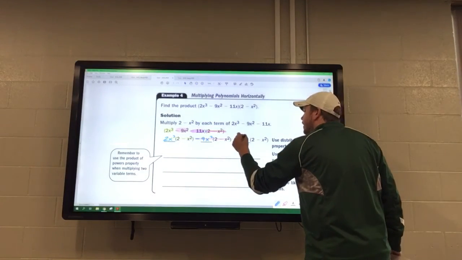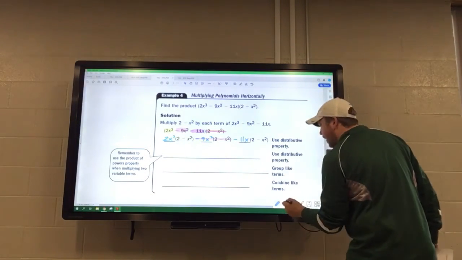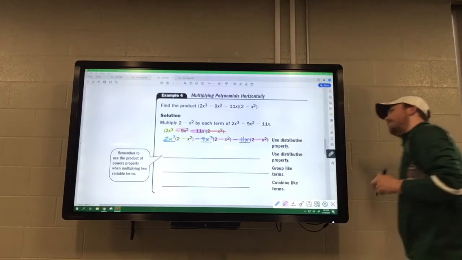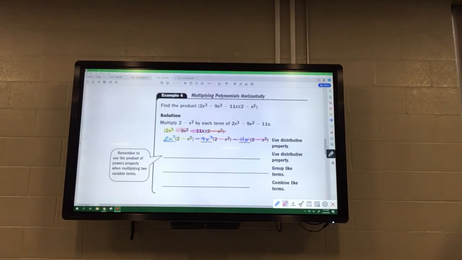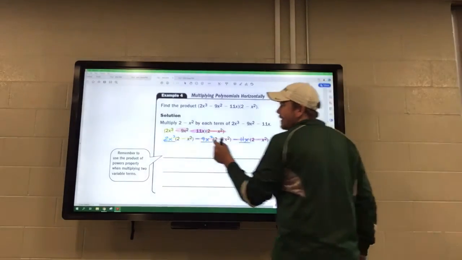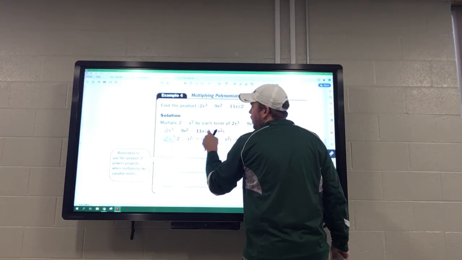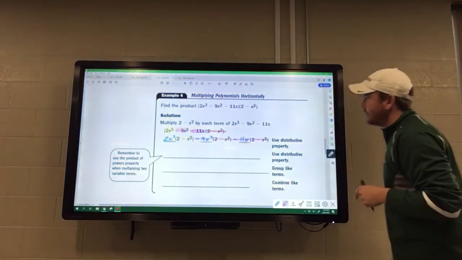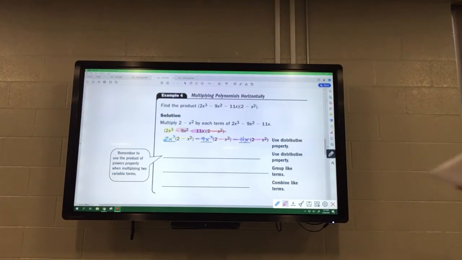So we'll have negative 11x multiplied by 2 minus x squared. So we take each piece in the first grouping and multiply it by everything in the second grouping. And now it's just a matter of distributing and simplifying. Let's go ahead and do that.